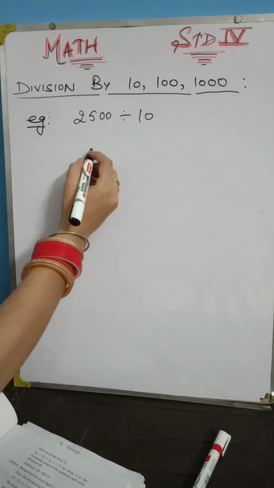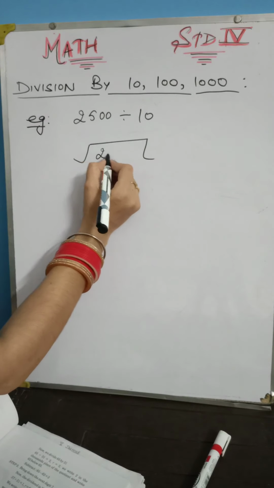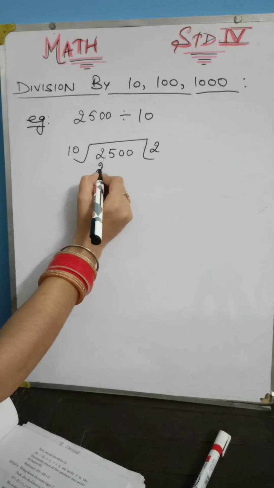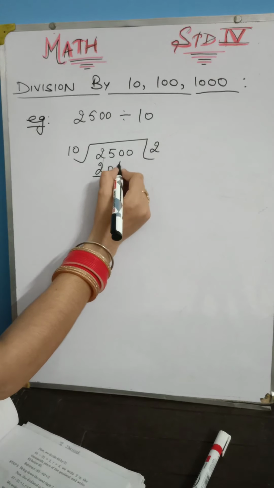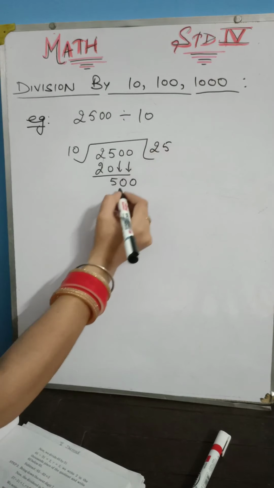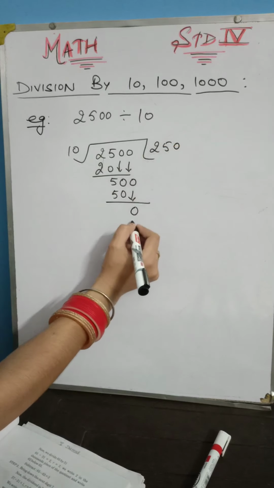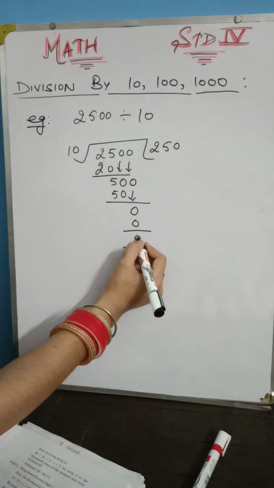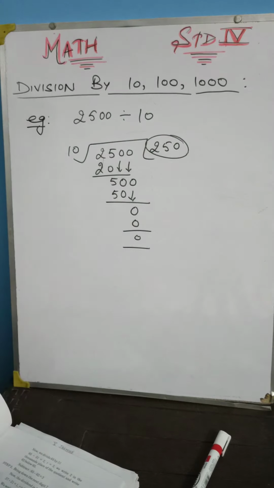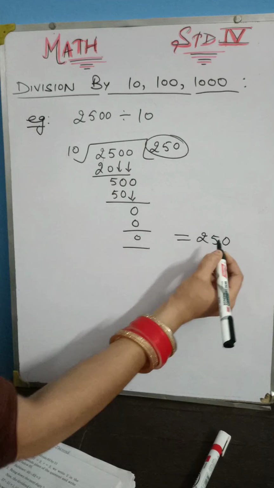In a normal way, we will divide it like this. 10 twos are 20 and both the zeros will come down. 10 fives are 50 and this 0 will come down. 10 zeros are 0. So basically this is the normal division. So our answer is 250.